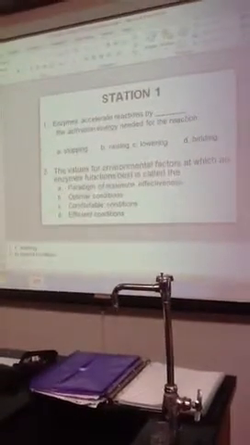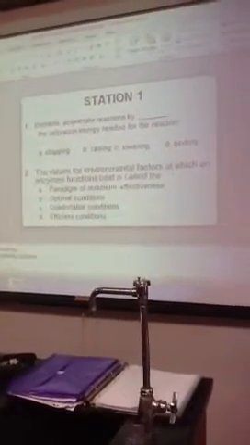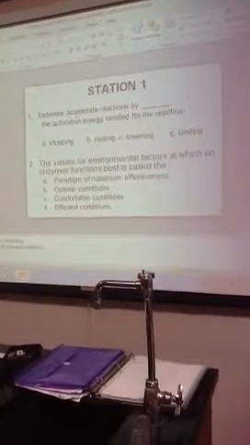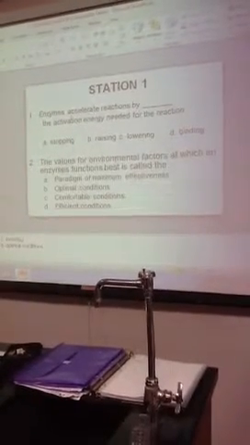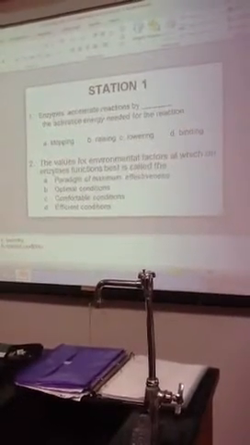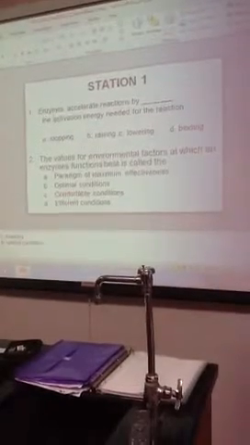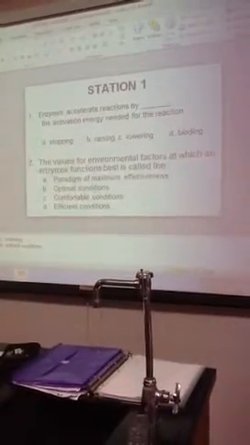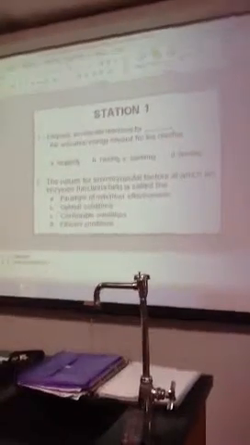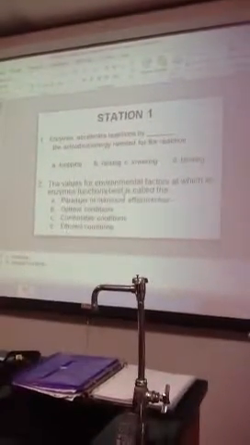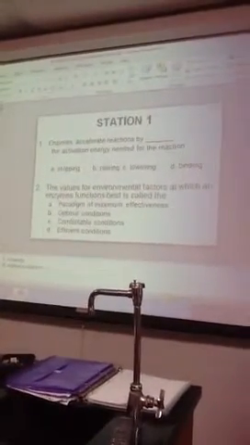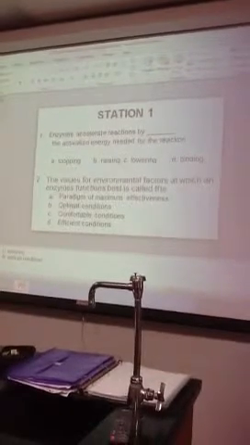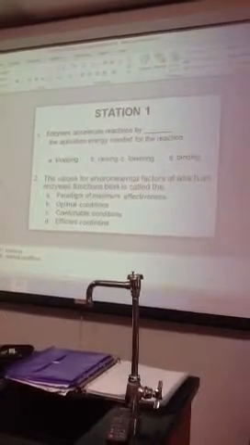Bless you. Okay. Enzymes. Enzymes do what by doing what? What is the purpose of an enzyme? Lower the activation energy. Okay. Enzymes also function at optimal conditions, correct?